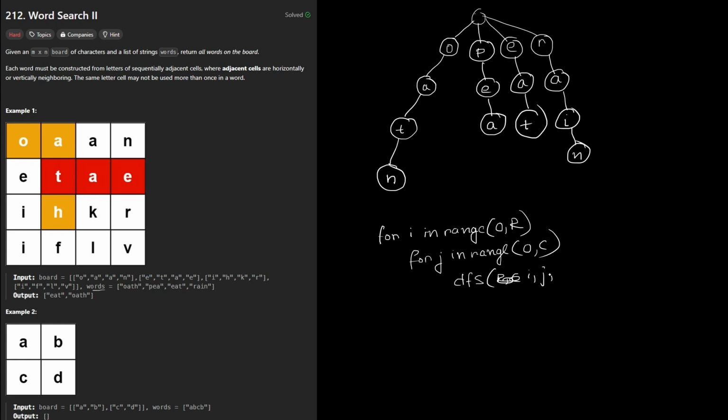I also have to pass in some more parameters: the current prefix tree node. So I can say cur equal to root of this prefix tree, and I pass in cur, and the initial value of the word is going to be an empty string.